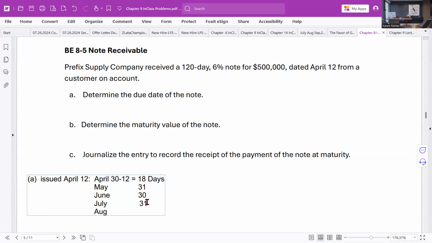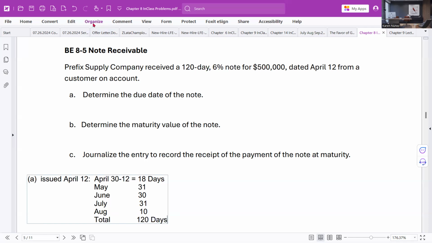August would be another 10 days. Now we're done. So now add this column. And what do we get? 18 plus 31 plus 30 plus 31 plus 10 is 120 days.